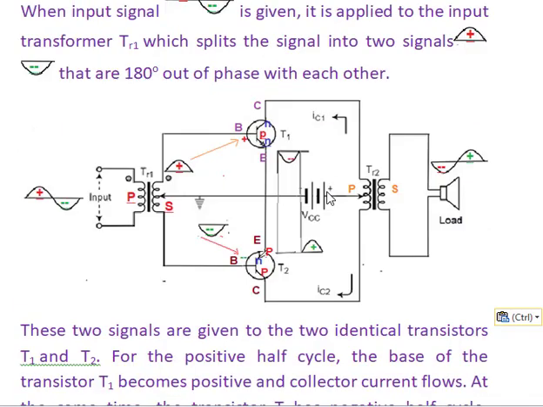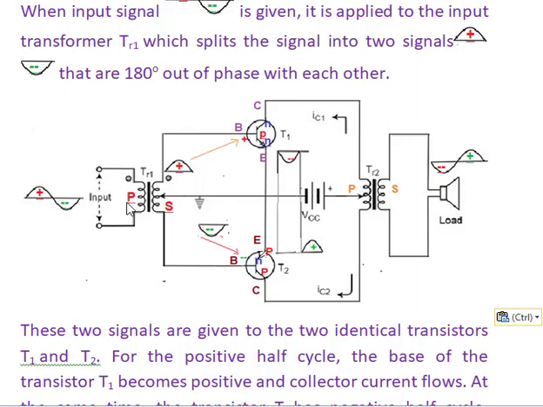Then when the input AC signal has a positive half cycle and a negative half cycle, it is given to the primary of the first transformer TR1.